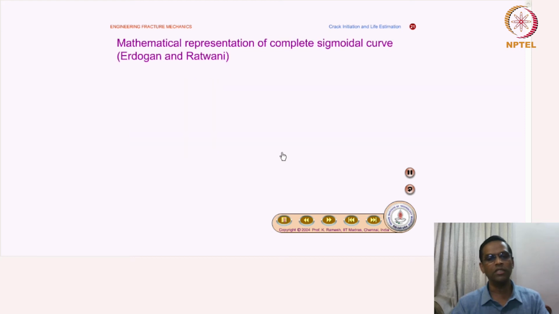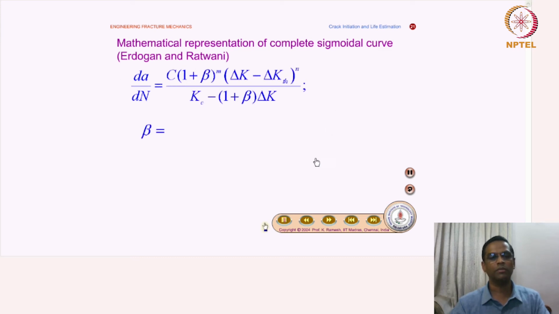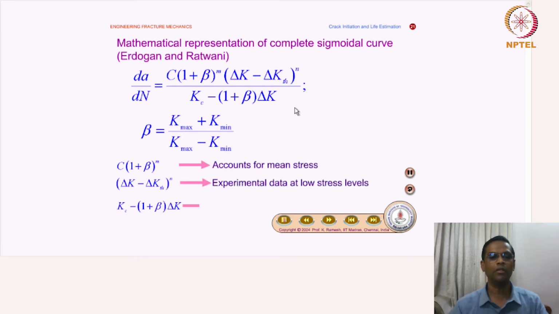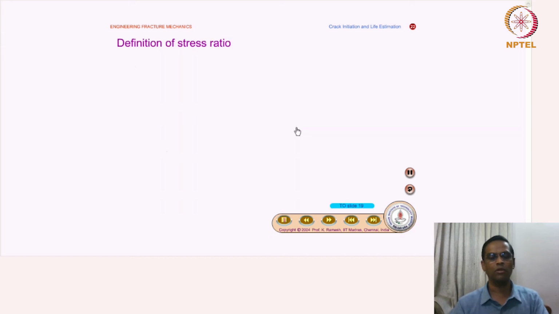And later you will see the entire sigmoidal curve is given by other people with this kind of expression. We are not going to discuss all of them, just to give you an impression that the Paris law has been developed and modified, and these have been used effectively to monitor the crack growth behavior. That is the information I want to convey.